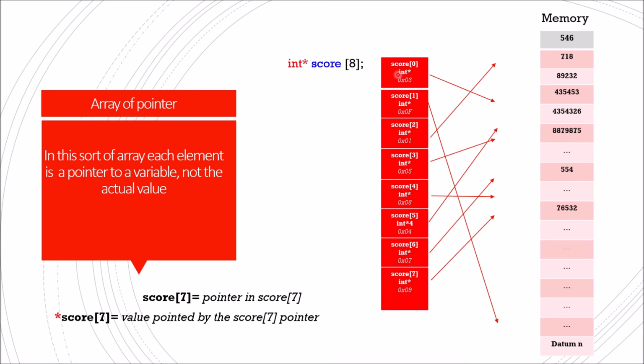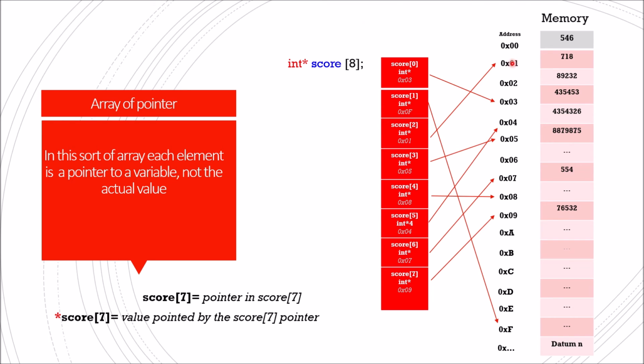Imagine that this array and all of these blocks in memory are in the same block of memory. So for instance, this array might be before these positions in memory or after, but all of them are part of the memory granted to our program.